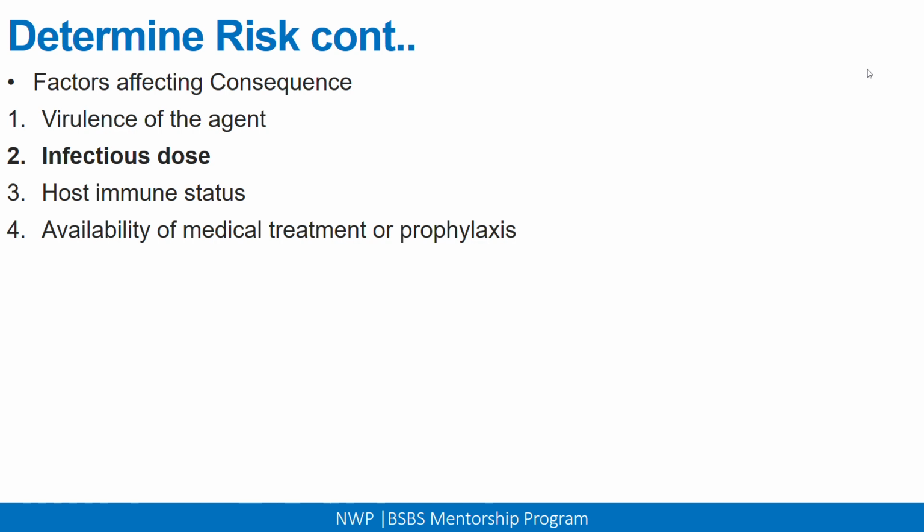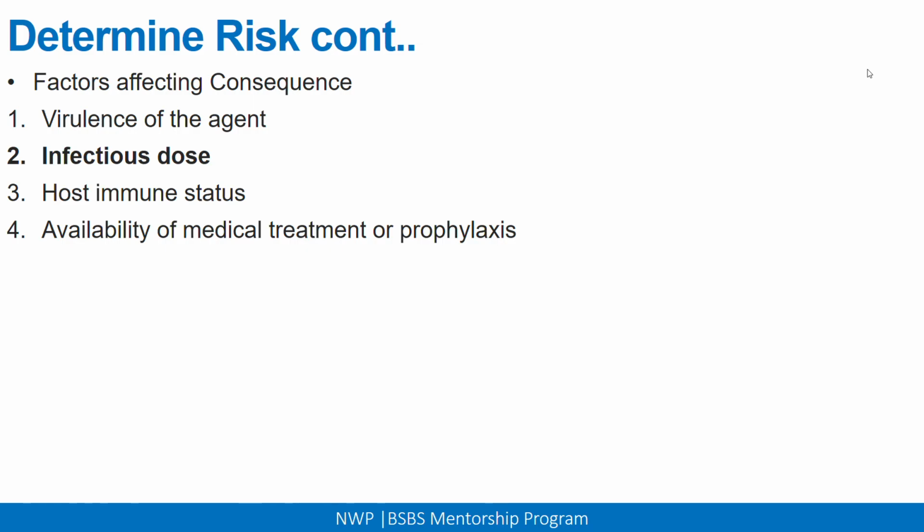It will replicate or look similar to the particular agent, and therefore your immune system would have already developed some form of memory B cells or antibodies. So if you get exposed to the actual agent in future, your immune system will remember, we've seen this type of infection before, and the memory B cells will regenerate the antibodies and all those immune cells that will attack and kill this particular infection.